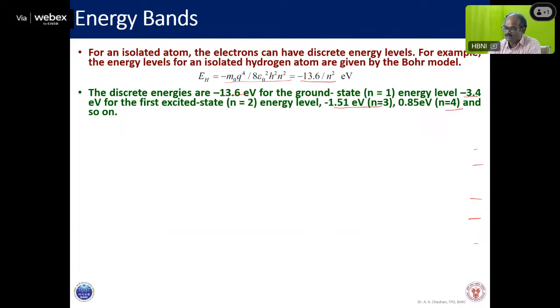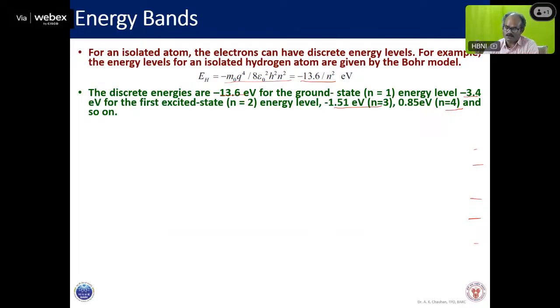So what this energy level means in the hydrogen atom is that the electron in the orbit cannot have any energy of its choice.